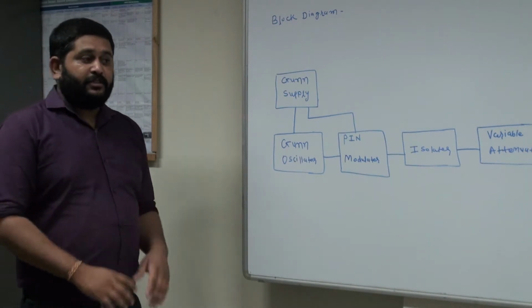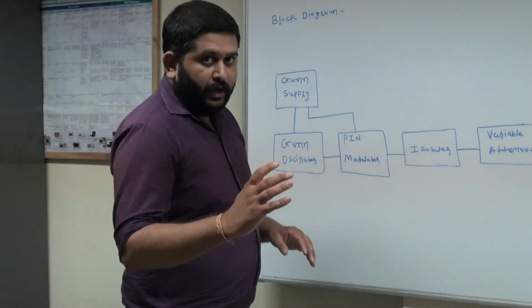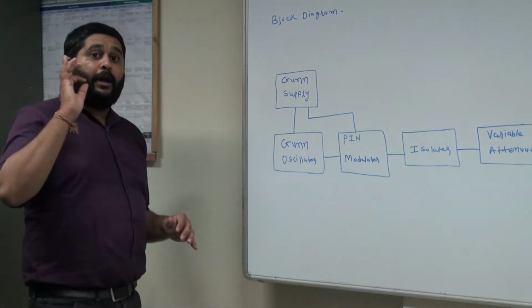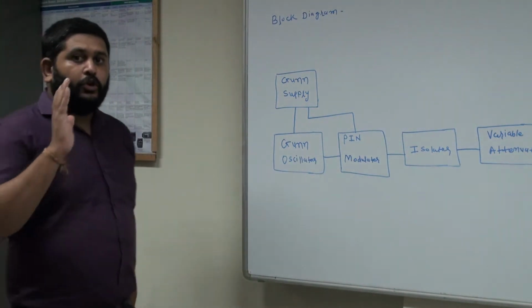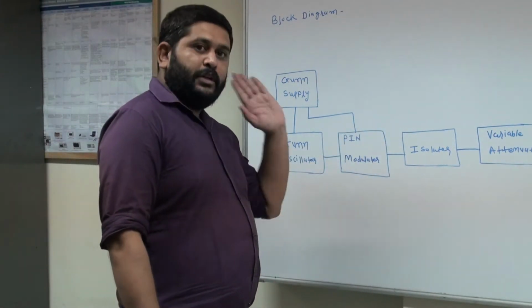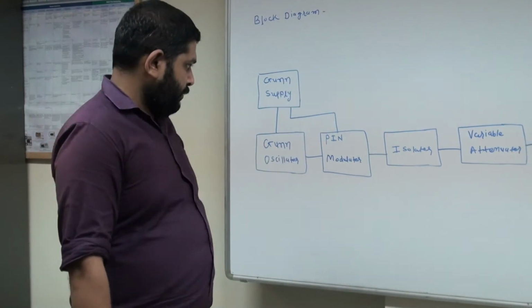The X band frequency is 8 to 12 GHz, and that is assigned by the Indian government for academic purposes, 8 to 12 GHz. Okay, the output of the pin modulator is between 8 to 12 GHz.